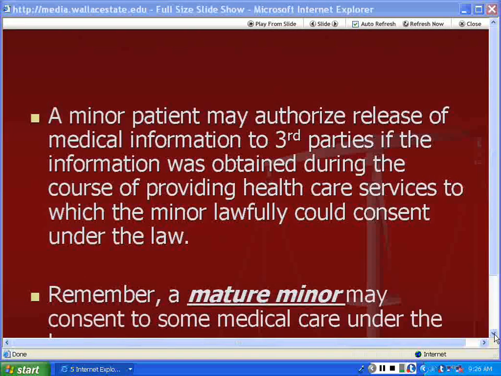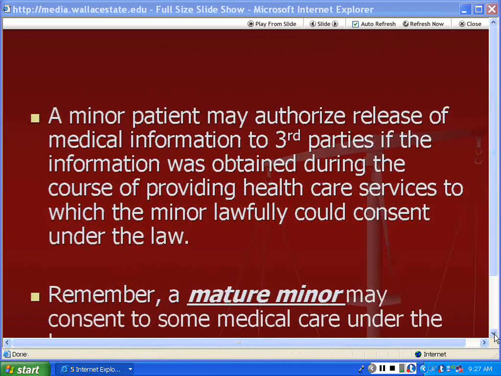But an emancipated minor is no longer under control of the parents, and that's a court proceeding. Think of it as a divorce, where a mature minor is only mature for certain circumstances. So a mature minor can go receive treatment for drug and alcohol treatment, and is mature even though that person's still a minor.